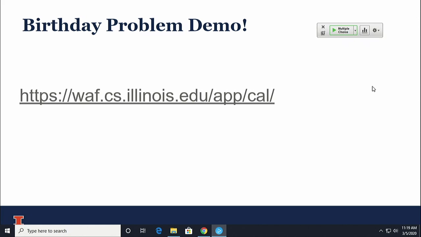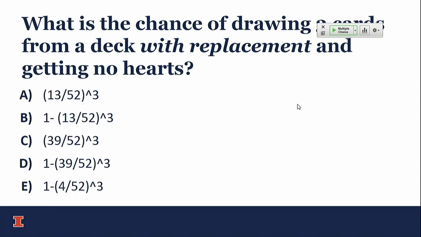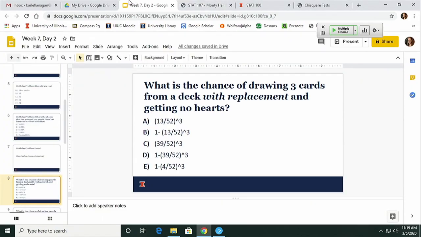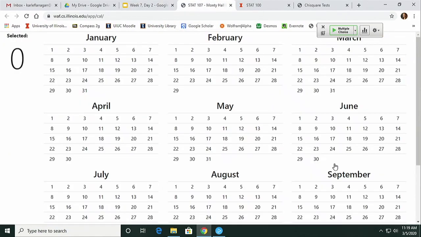She's going to click on the days as I ask the birthdays. This was an app developed by a computer science professor, Wade Fagen-Ulmschneider, who is also sitting in on our Stat 100 class. Wade, thank you for making the birthday problem real.